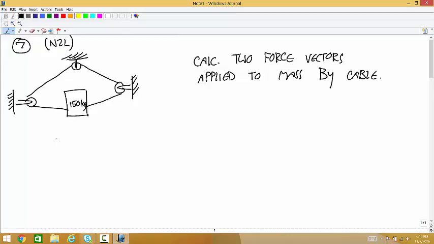So a free body diagram of that mass looks like this. We're isolating the 150 kilogram mass. There's a weight force. 150 times 9.81 is 1471.5.